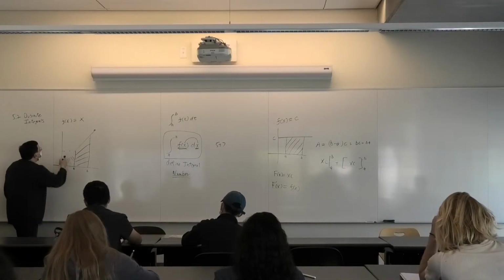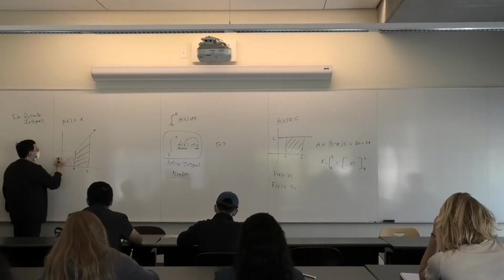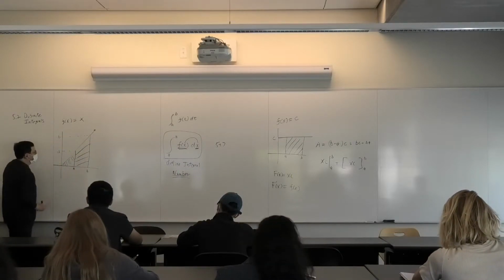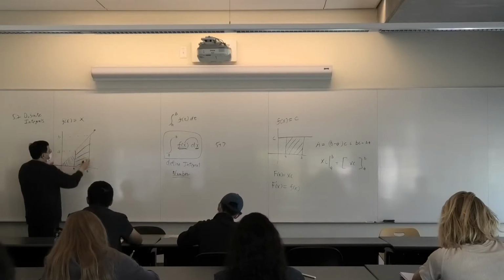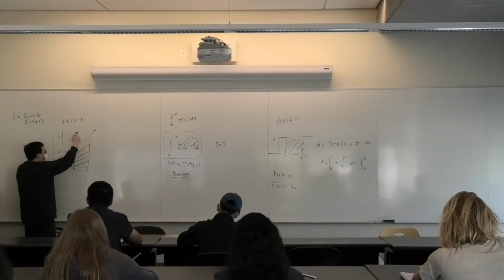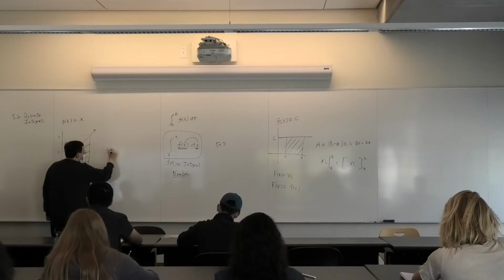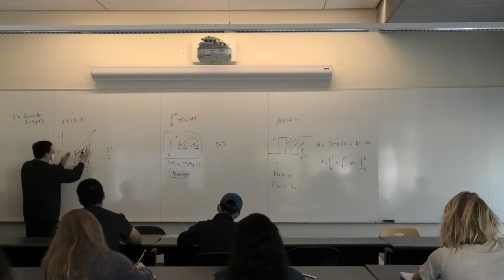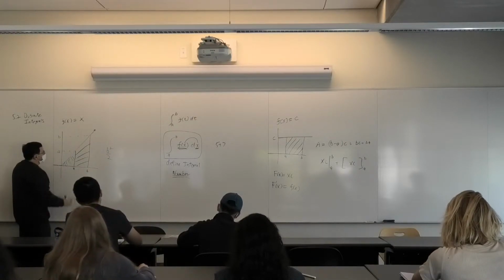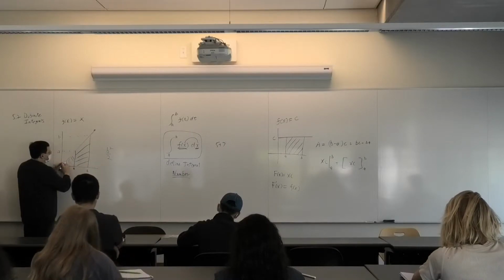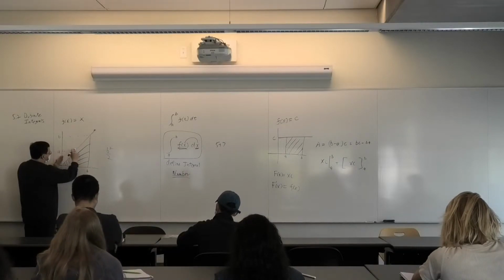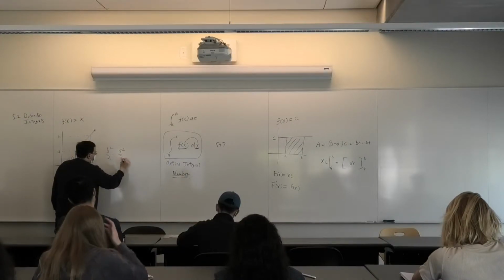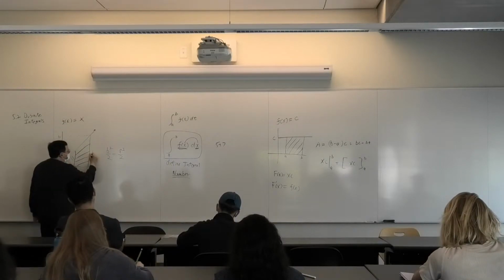Because f of x is x, this point is A, this point is B, so this big triangle is 1/2 the square. We have a square here that's b by b, so it's b squared, but the triangle is half of that. And that's this entire triangle. But if we want the area, we need to subtract the little triangle. So that's a squared over 2. So that's our area.